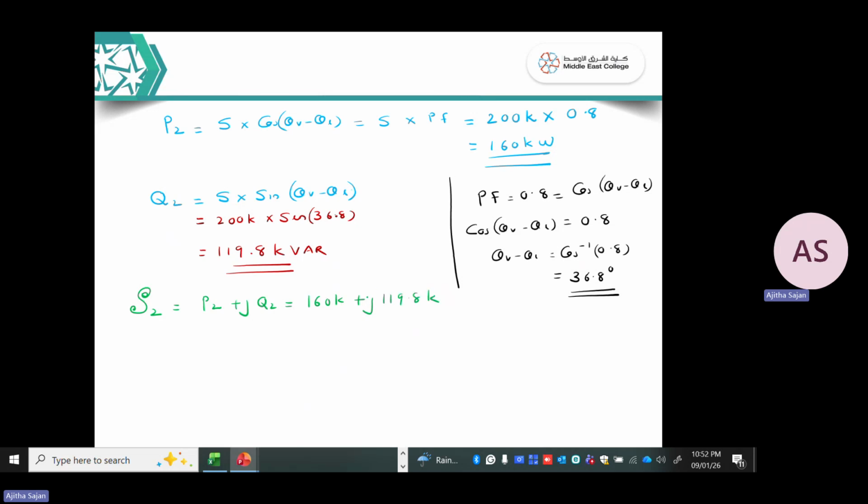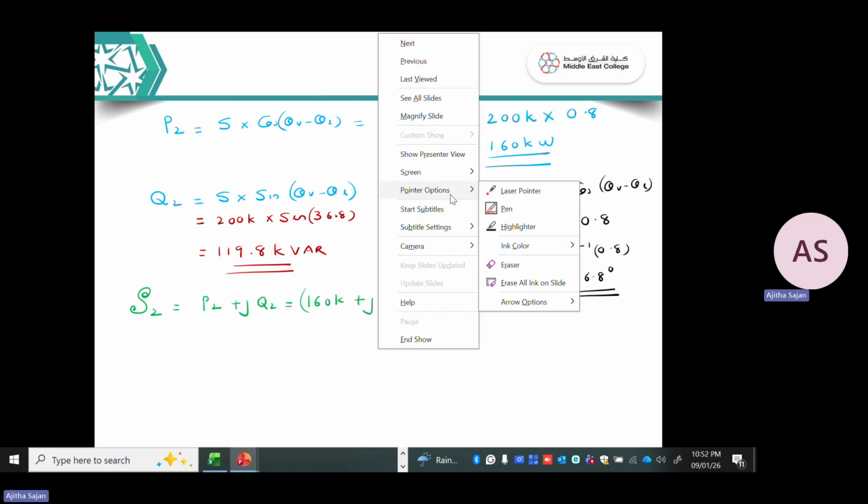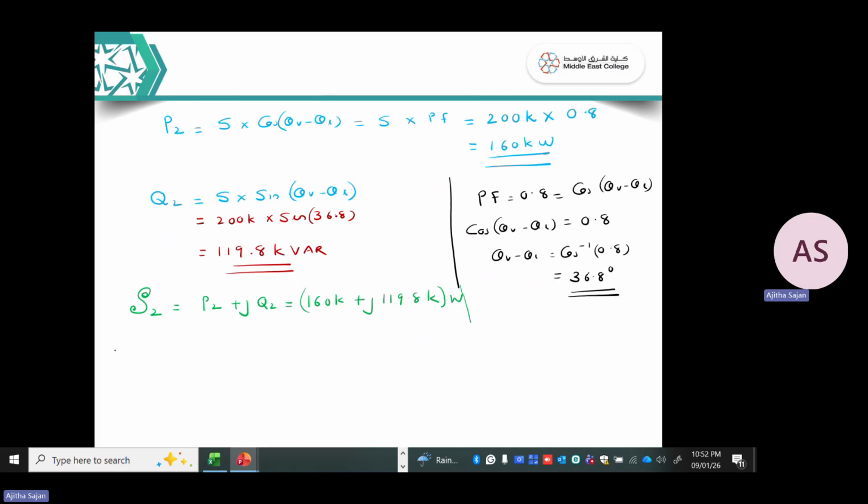That is your complex power for the second load. If you get this, now what? You can now calculate the total complex power. It is nothing but S1 and S2 added. So what is the total complex power?